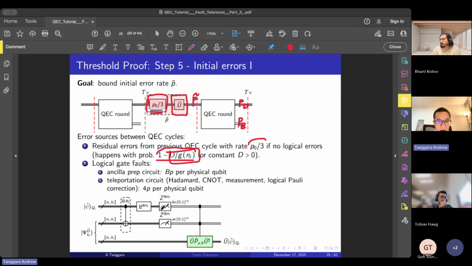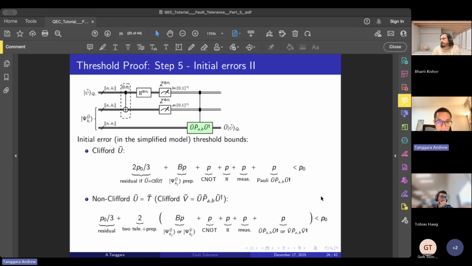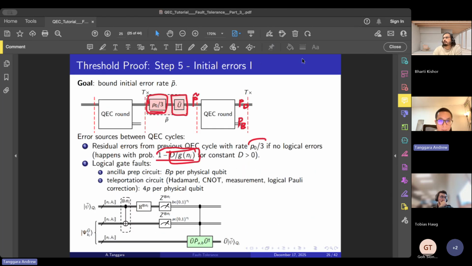This capital B depends on the concatenated code circuit that I used to produce this ancilla, and BP is the error rate of this ancilla. I'm just defining this error rate here, so this is the definition.